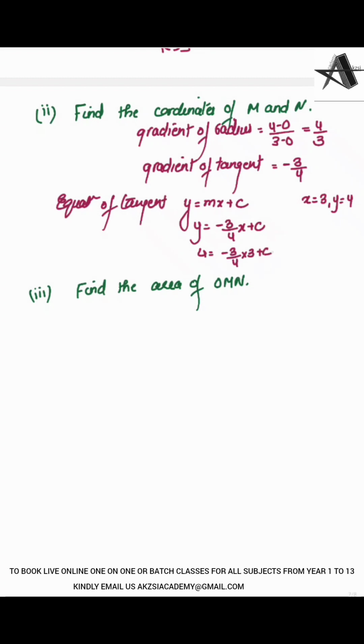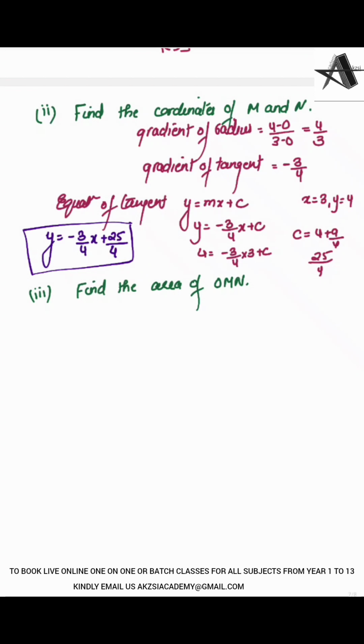So c is finally 4 plus 9 over 4, which is 25 over 4. We have calculated c and m, so put them all in one equation. You will get y equals -3 over 4 x plus 25 over 4. This is the final equation.